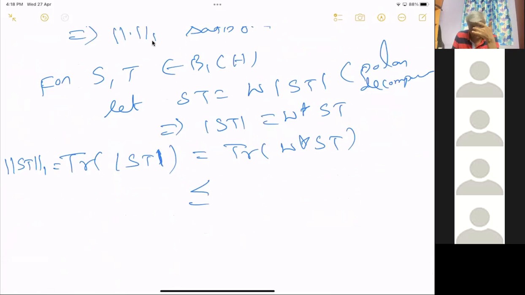This is of course positive, so you can take the mod if you want. This is less than or equal to the norm of W star S times trace of mod T.